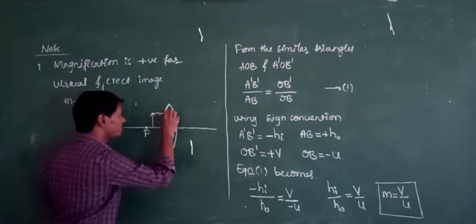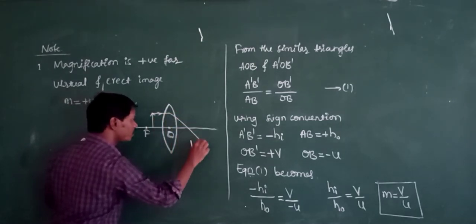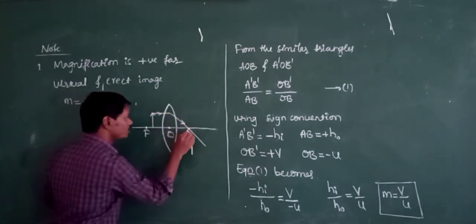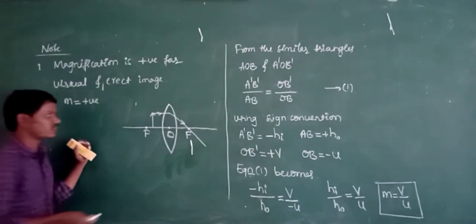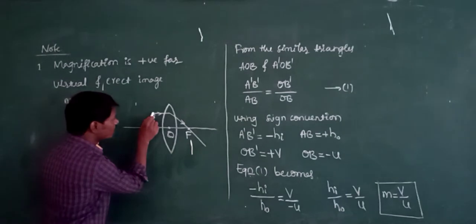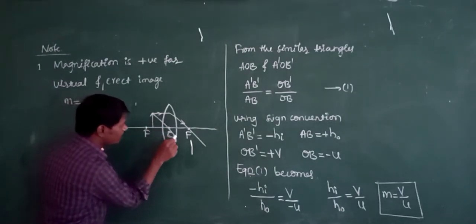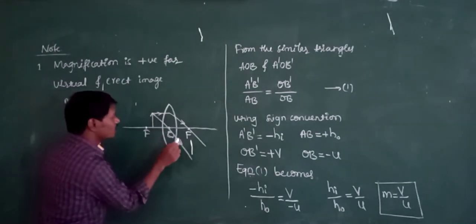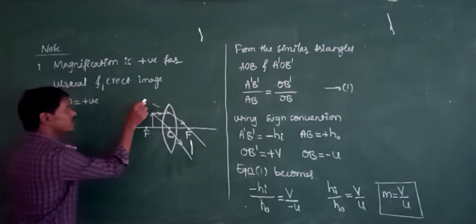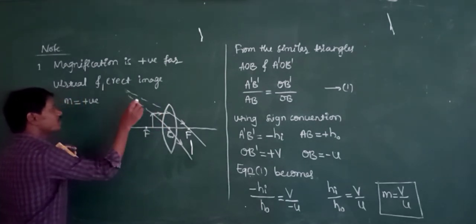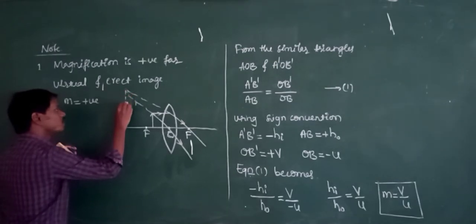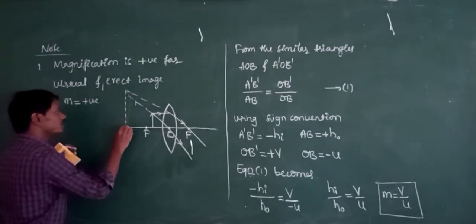After refraction, the refracted ray passes through the second principal focus, because in a convex lens, convergence of light takes place. And one more incident ray passes through the optical center without deviation. I will extend these two refracted rays. Where the refracted rays meet, at that position the image of the object is formed.